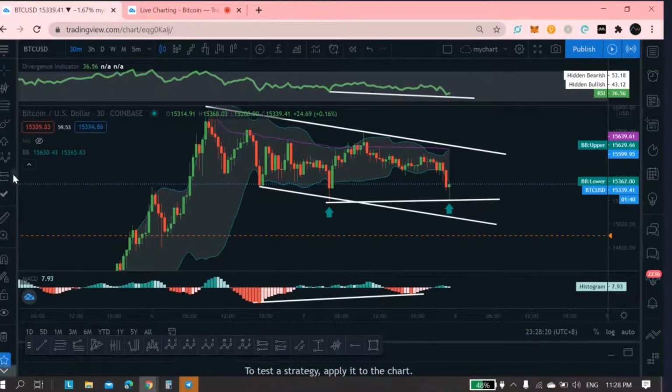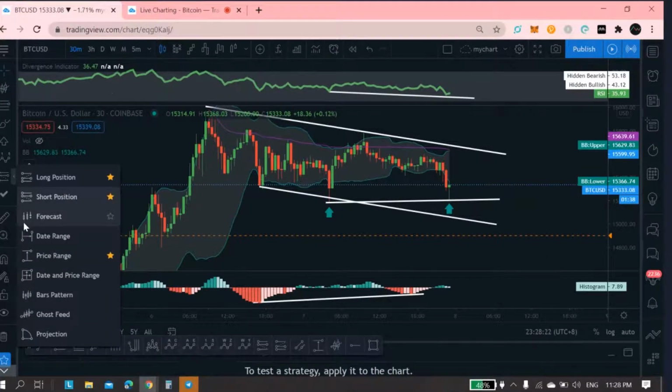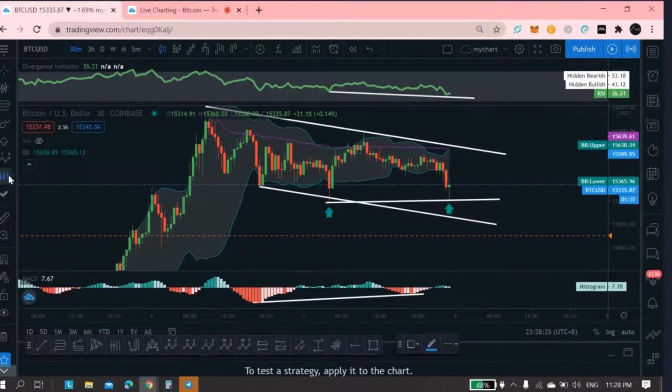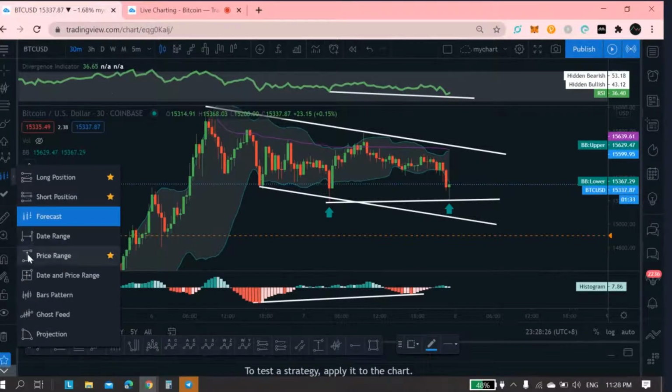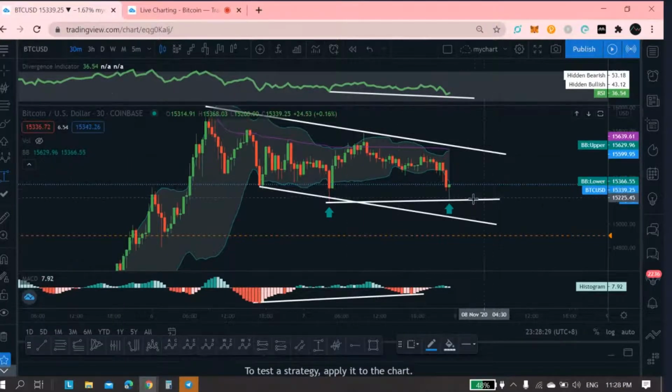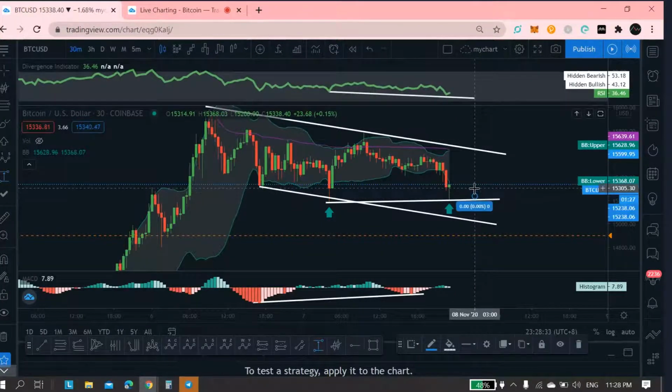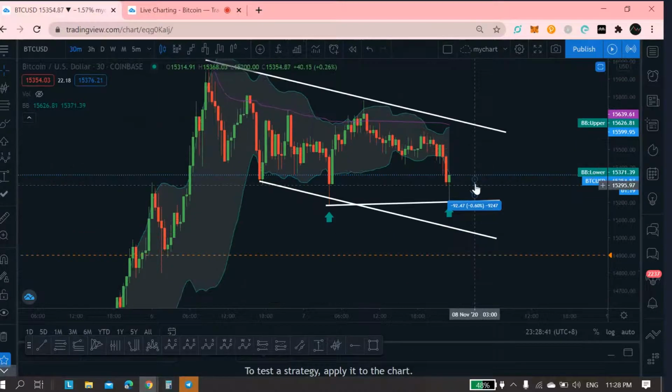So if we go long here, that's already a possible, yeah, because I mentioned a while ago, possibly it will go back within this Bollinger Band. Oh, what happened?